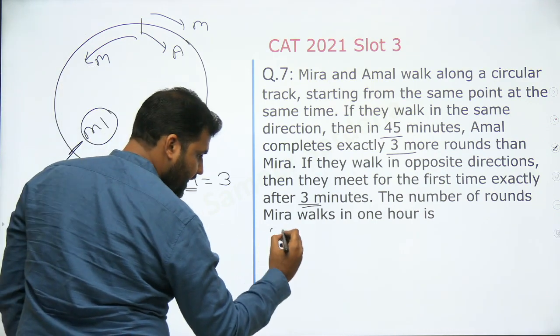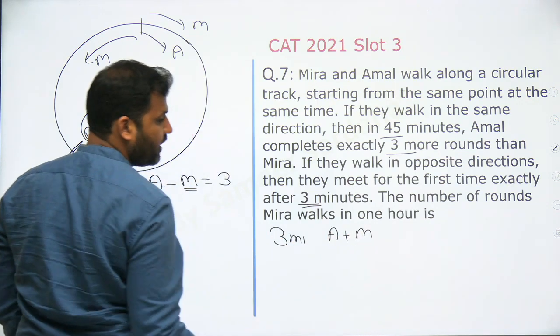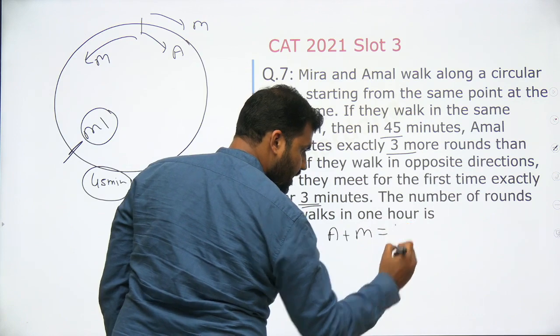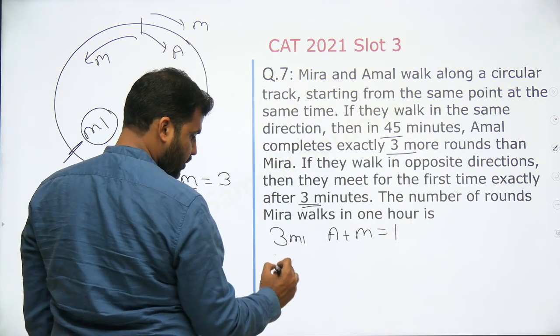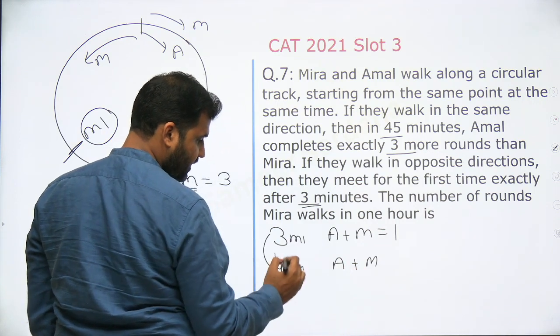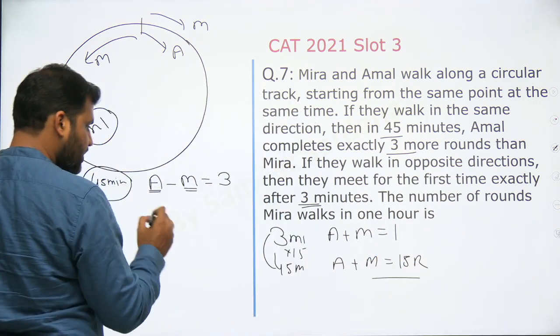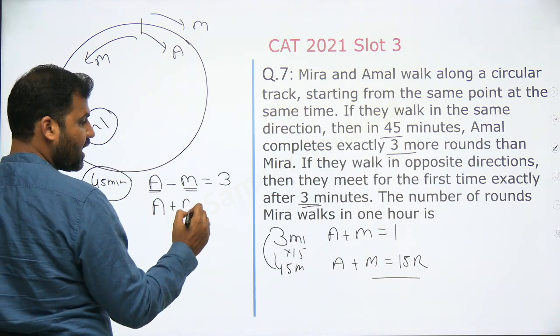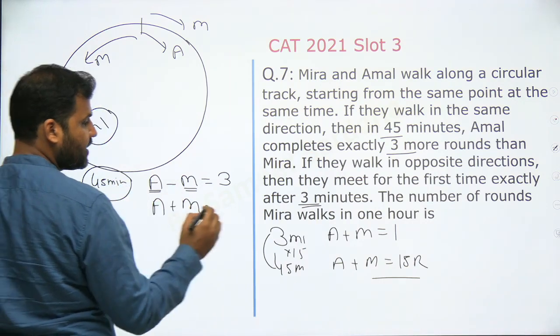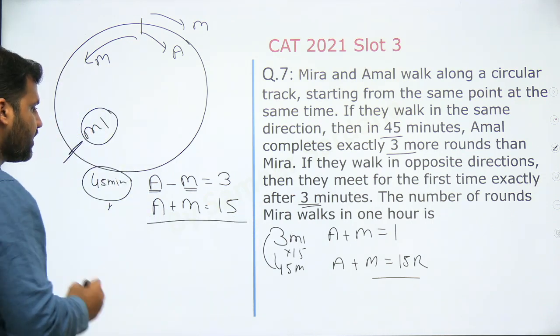So can I say in 3 minutes, Amal and Meera are together doing 1 round? So in 45 minutes, Amal and Meera together will be doing 15 rounds. So the summation of the Amal rounds and the Meera rounds in 45 minutes will be equal to 15.